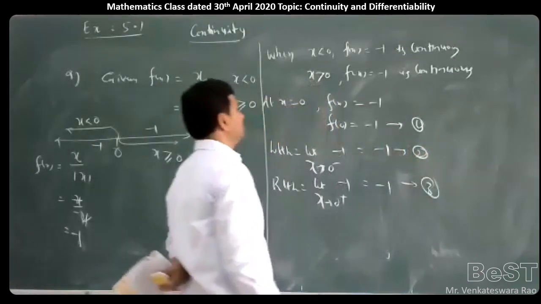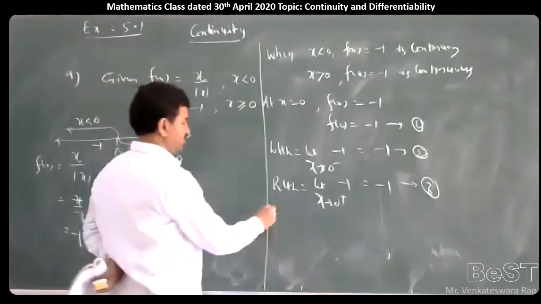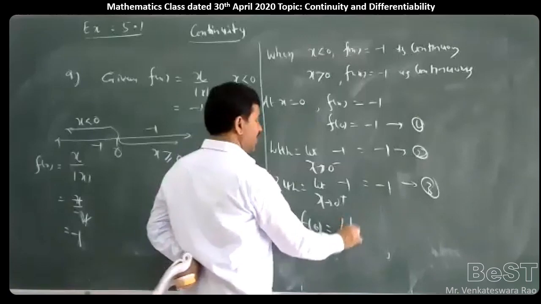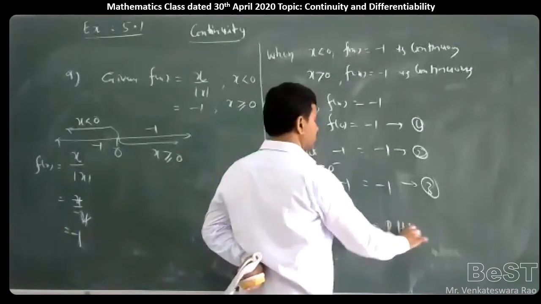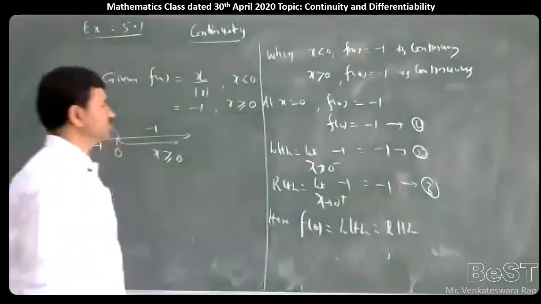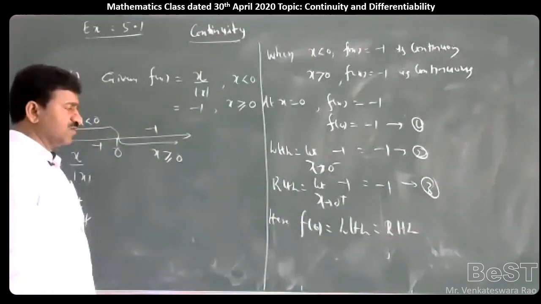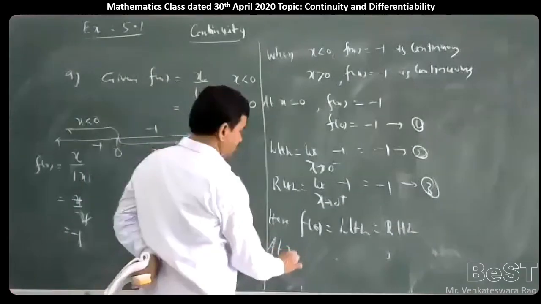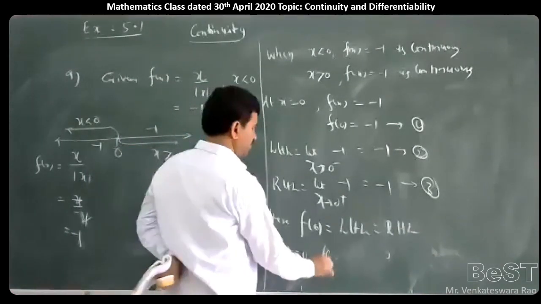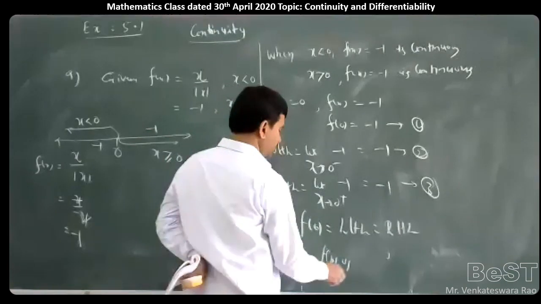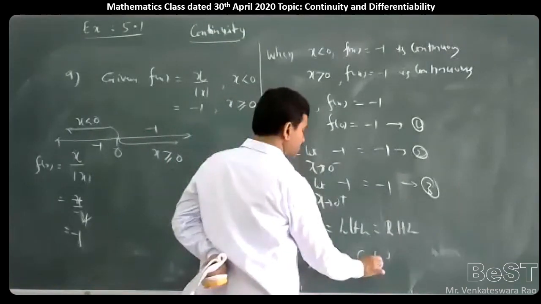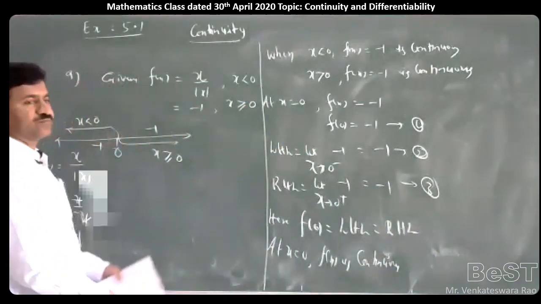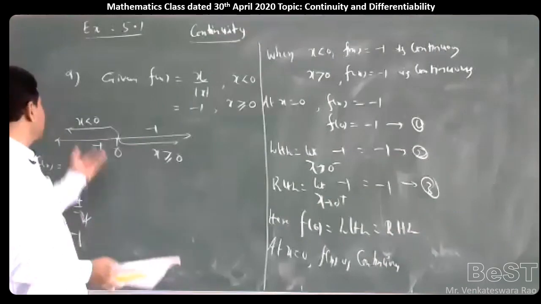So what is your observation? Here f of 0 is equal to LHL is equal to RHL. So at x is equal to 0, f of x is continuous. Write that down. That means, when x is less than 0, it is continuous.